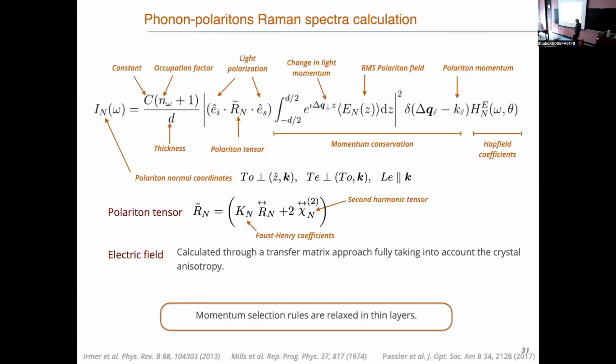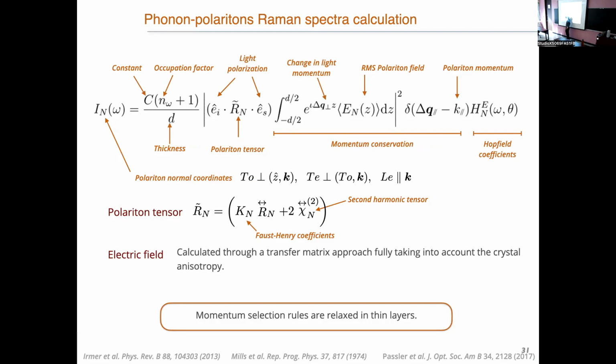I won't go into the detail of the equation of the model used to calculate the intensity of the scattered light by phonon polaritons at a given frequency. But I would like to say something about the physics because it's important here. You will recognize what we call the Raman tensor, which is being contracted by the incident and scattered light polarization.